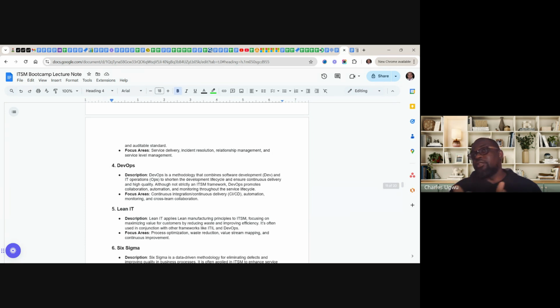A lot of organizations today are adopting DevOps. So why are they adopting DevOps? Because most of the time, in our basic project management, like Agile, once the developers finish, or once the project ends, everybody hands over.